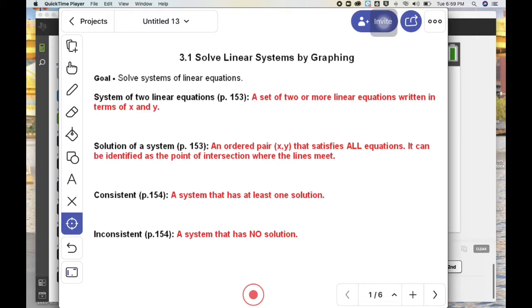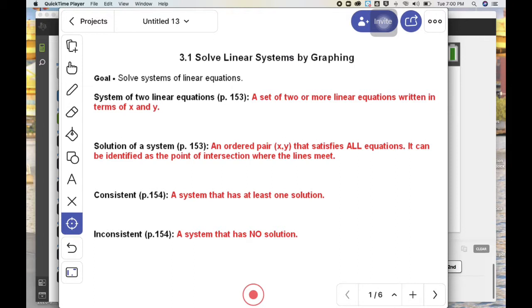So first of all, let's talk about what a system of two linear equations looks like. More or less, it's just a set of two or more linear equations written in terms of x and y. Sometimes we write them in terms of c and d, or y and z. But what you should know is that there is one value for your control and one value for your dependent variable.